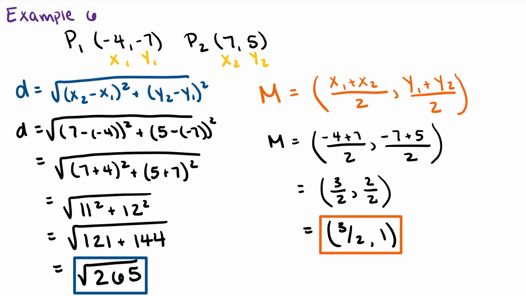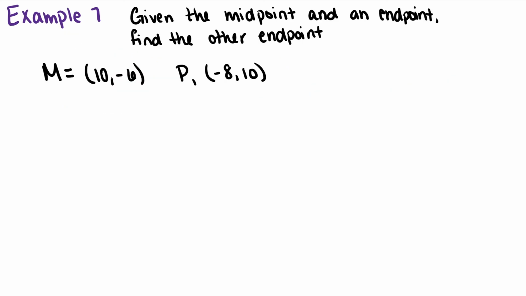Now, instead of finding the midpoint and the distance, let's look at an example where we are given the midpoint and an endpoint and we need to find the other endpoint. So if we're given the midpoint 10, -6, and one endpoint is -8, 10, let's find the other endpoint. So remember, our midpoint formula is x1 plus x2 over 2, y1 plus y2 over 2.